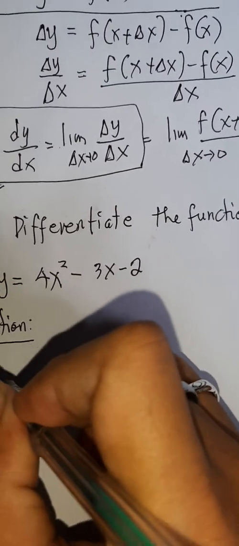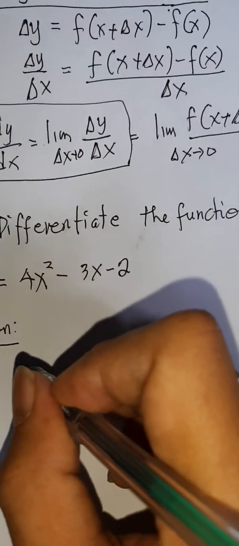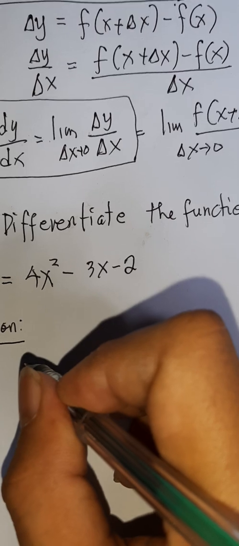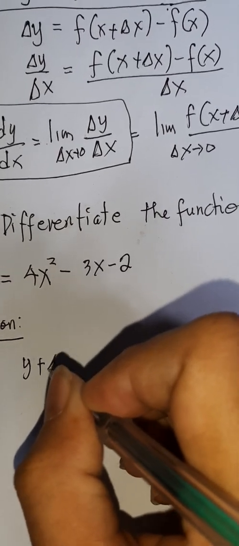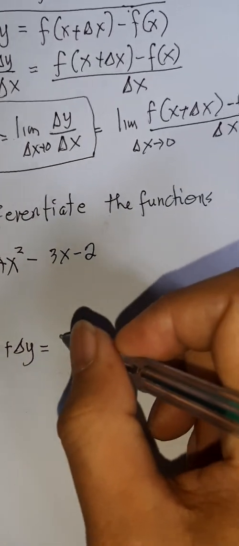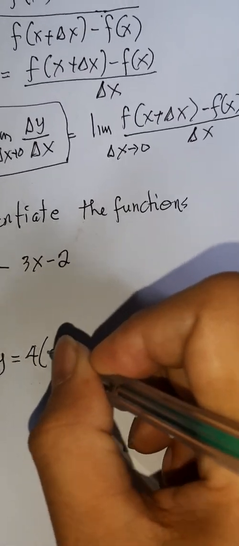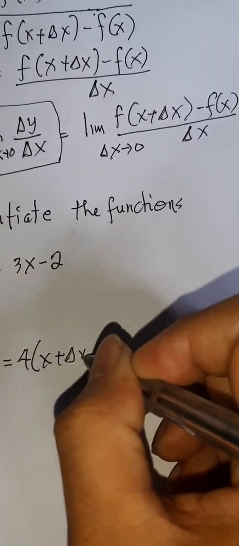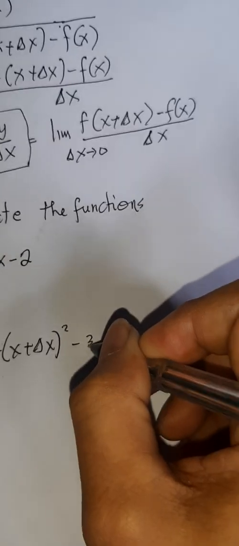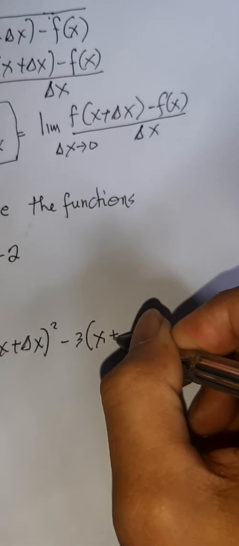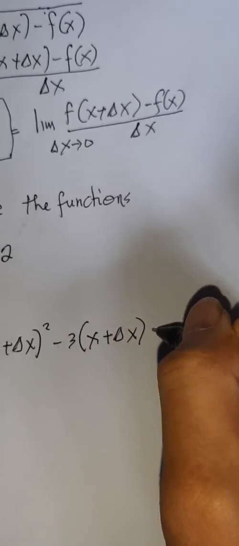The first step is to replace y with y plus delta y and x with x plus delta x. 4 times x plus delta x squared minus 3 times x plus delta x minus 2.